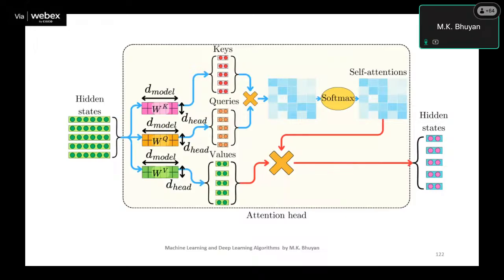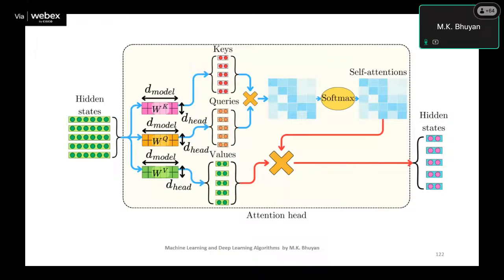To generate the smaller context vector, maybe we can consider the projection matrices WK, WQ, and WV of size D model into D head. That size we can consider because we want smaller context vectors.